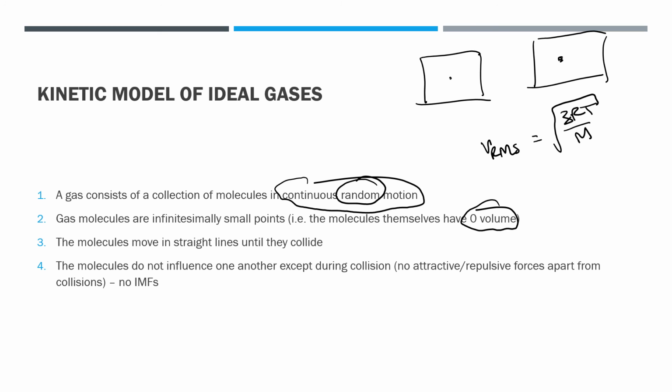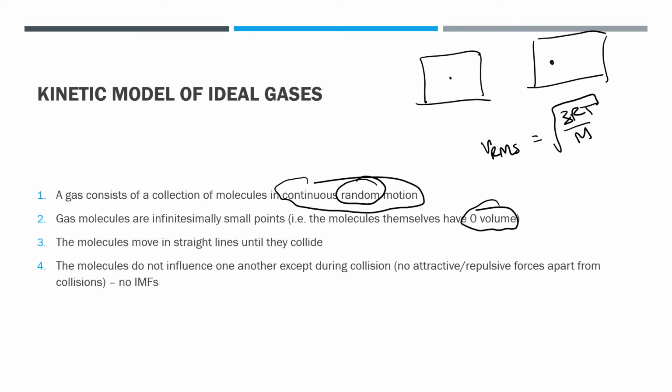So if we want to account for these things having a non-zero volume, each gas particle is not going to have the entire volume of the container to go into. Each gas particle is going to have the entire volume of the container minus the volume of all the other gas particles added up, because one gas particle cannot go into the same position as another gas particle.